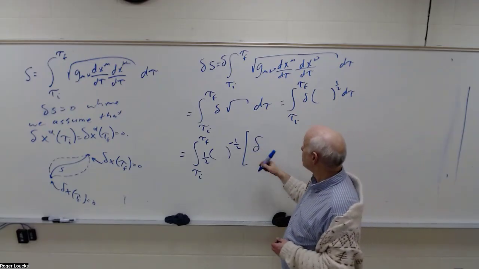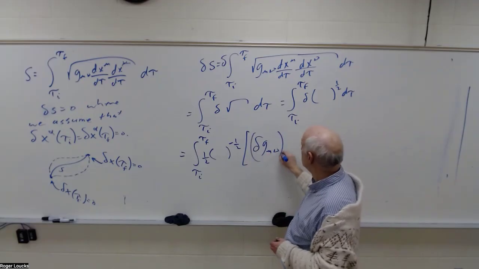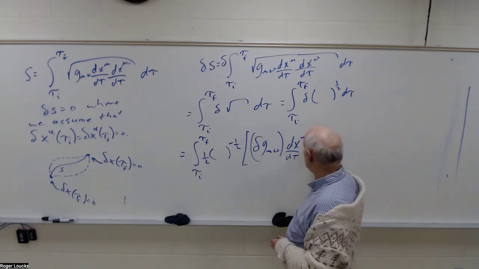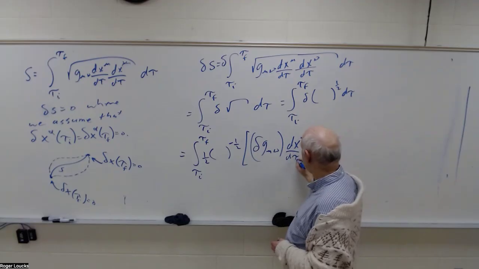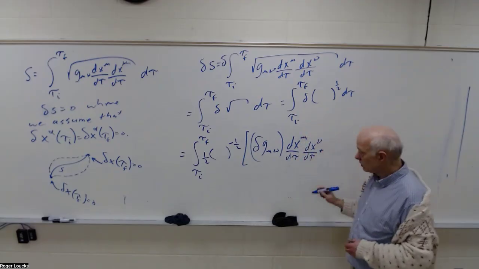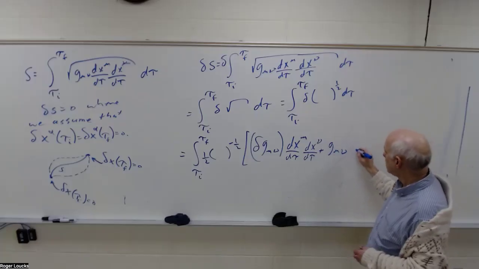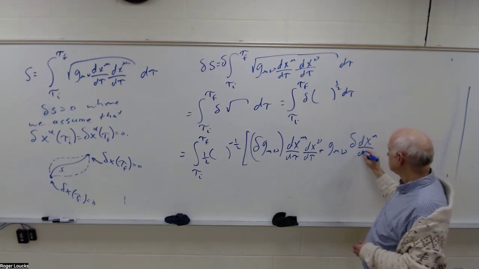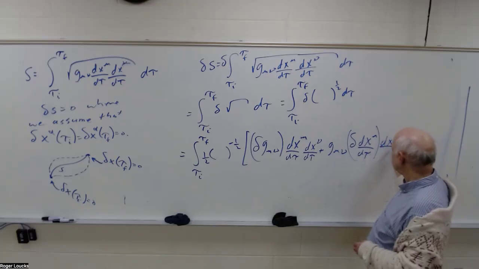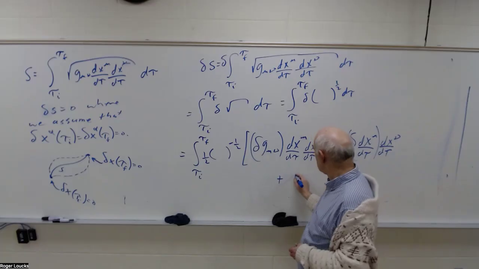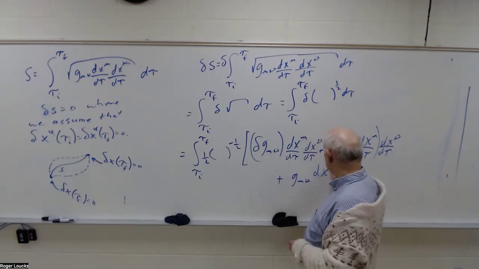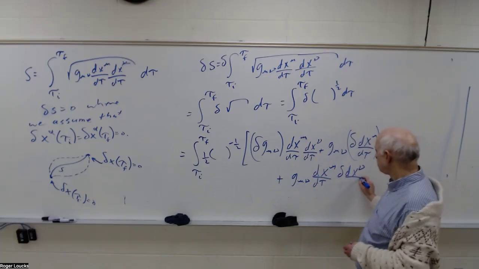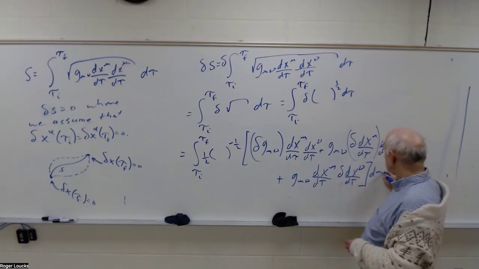So I get the variation in g mu nu times dx mu d tau dx nu d tau, plus g mu nu times the variation in dx mu d tau times dx nu d tau, plus g mu nu dx mu d tau times the variation of dx nu d tau.